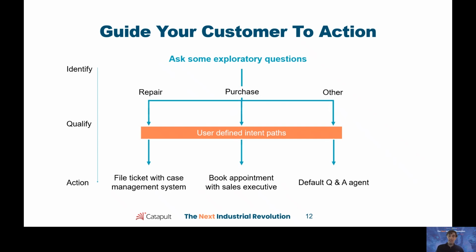Once you've picked out which one, let's say we've realized that someone wants to do a warranty repair, for example. We then want to qualify it. This is where it's really, really cool, because what can now happen is you can define almost like a sales funnel or a marketing funnel. You can decide the flow of questions the bot's going to ask, not how it's going to ask them, but how the flow looks to get from, okay, I want to do a repair, to what kind of repair? Is it warranty or not? Are you a B2B or B2C customer?